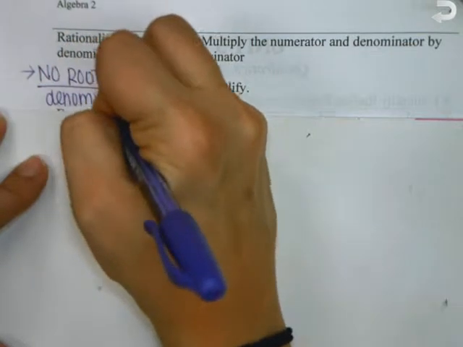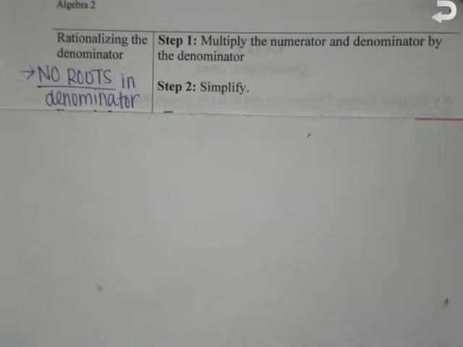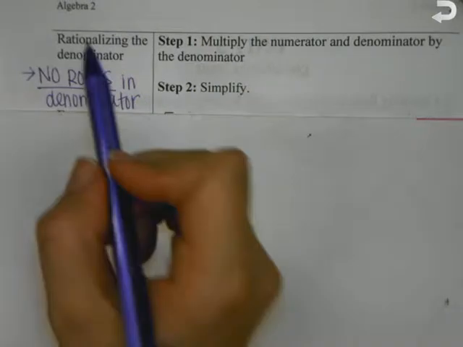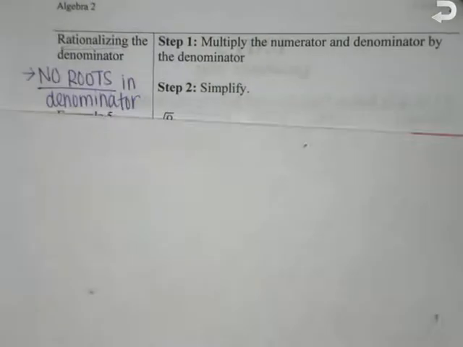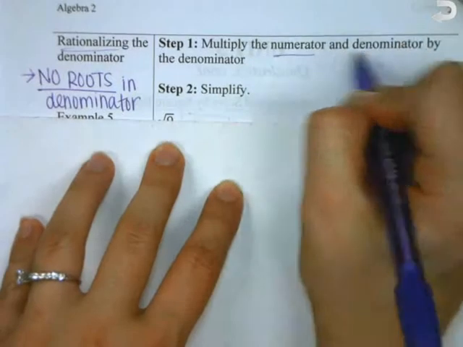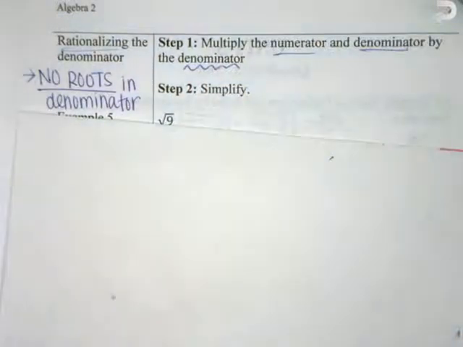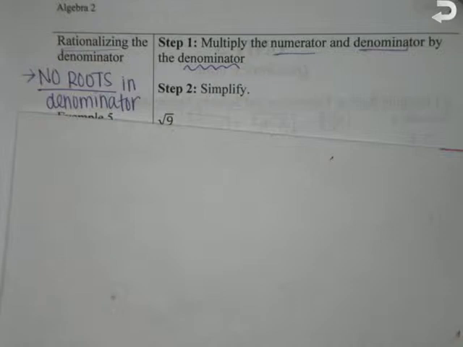Big no-no. So if you ever see a root in the denominator, we're going to do what's called rationalizing the denominator. 2 steps. First, we're going to multiply the numerator and denominator by the denominator. So whatever's at the bottom, we're going to multiply top and bottom by that same number. And then we're going to simplify.